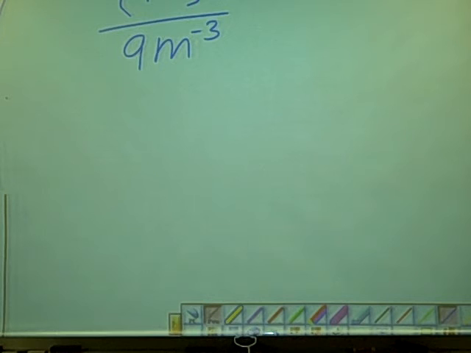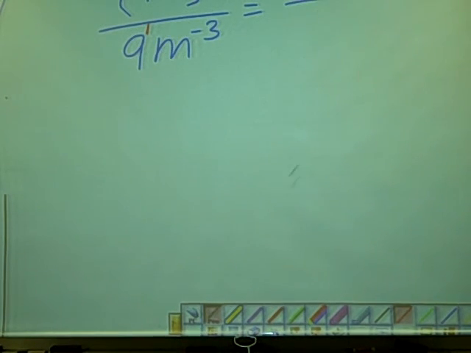Okay, what happens to that m to the 4th, parentheses, to the 0 power? What does that become? 1. A 1, right. The 9, does that stay put or does that move? It stays, right, because this is actually 9 to the positive 1 power.